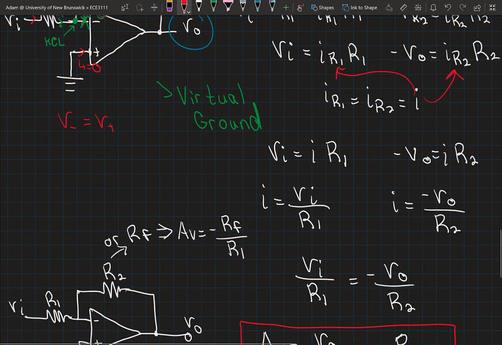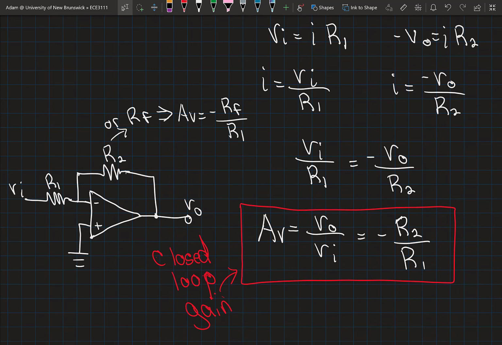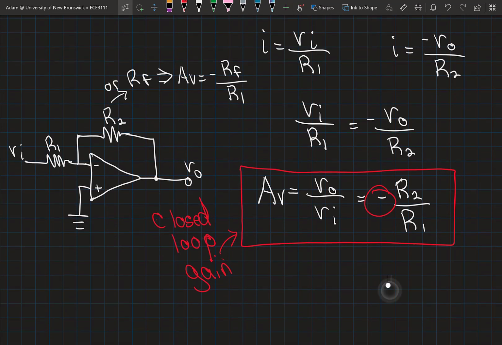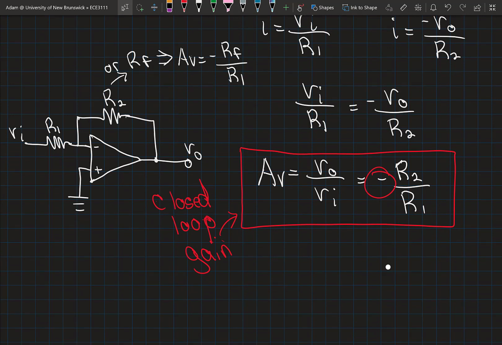The big difference is this negative sign that implies that the gain is negative. So this is what's known as an inverting amplifier.